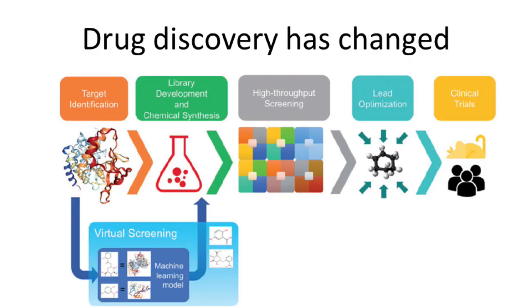So the preclinical steps of drug discovery have changed because, as you see in this graph, the classical step of manual target identification up to library development, which used to take a lot of time and still for some situations takes a lot of time, can be clearly improved, and the output can speed up by virtual screening with the methods I presented to you.